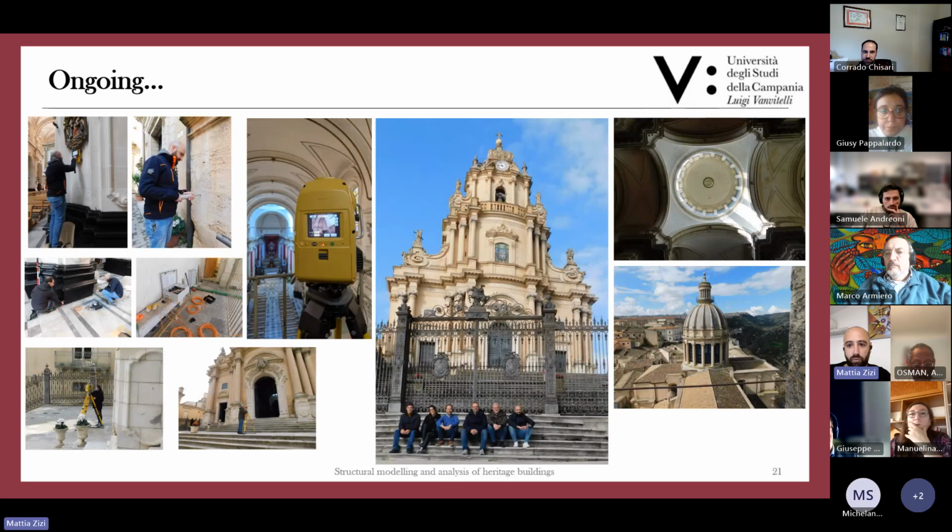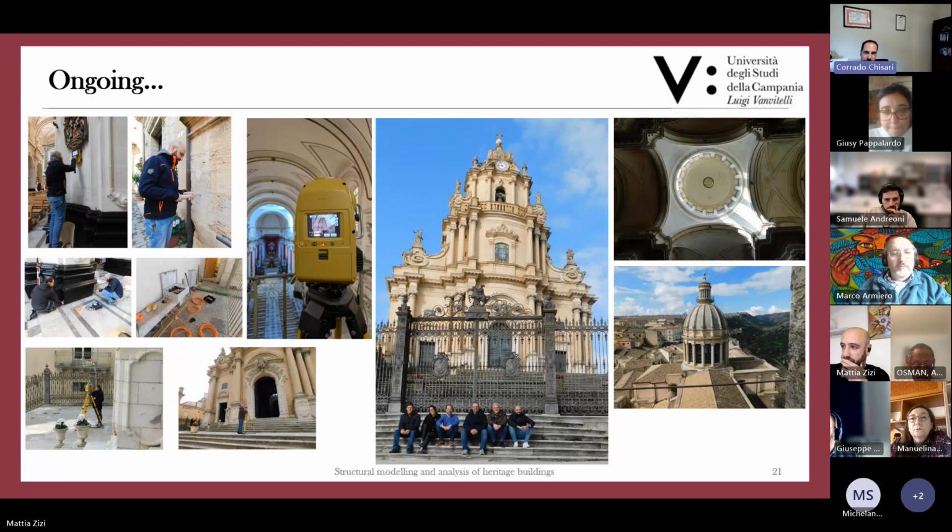Corrado, if you want to conclude with the ongoing activities. I would like to show you some first images of the trip that we had last week in Ragusa, where we started these activities on the church.